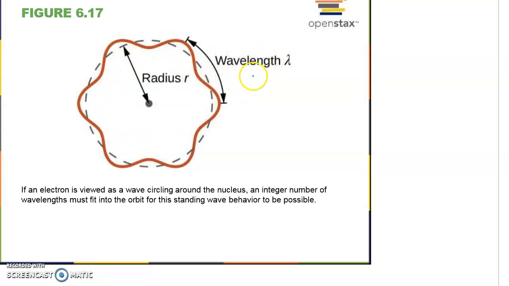That means over here, n lambda, the number of wavelengths, will be exactly equal to the circumference of this circular path. So that will be equal to 2 pi times r. So this is the introduction to quantum mechanics. That means something is quantized.